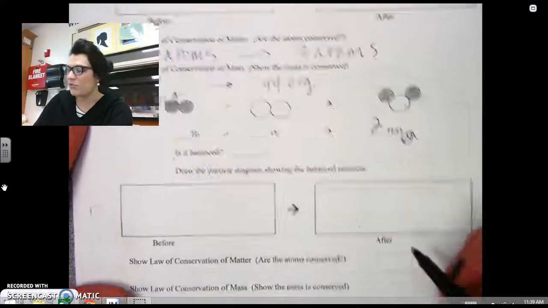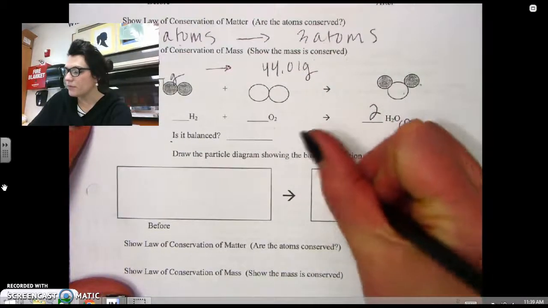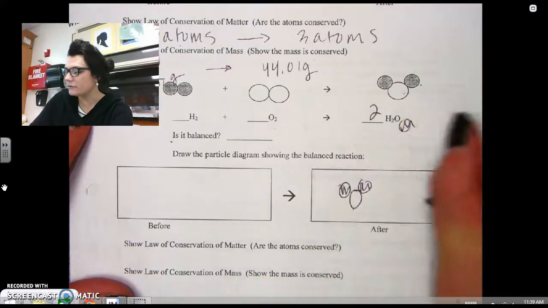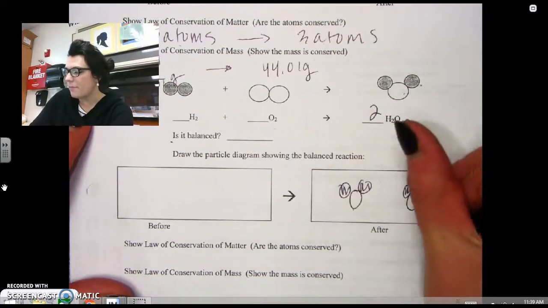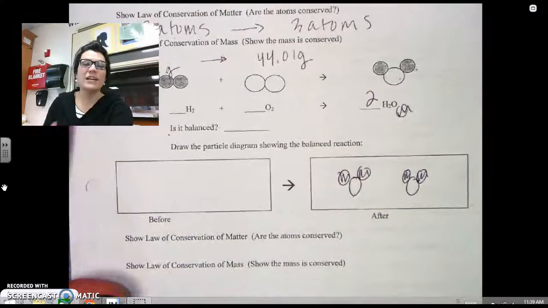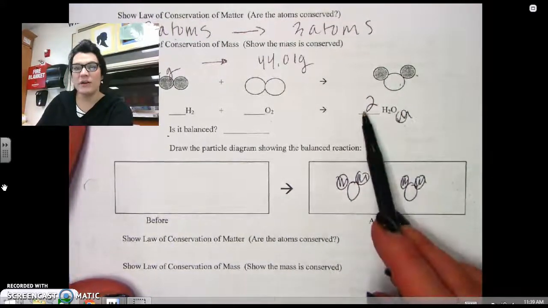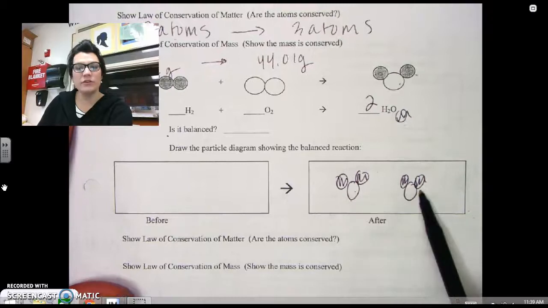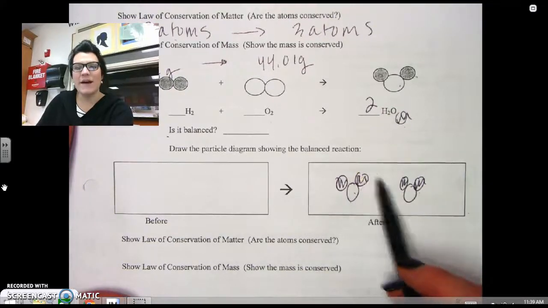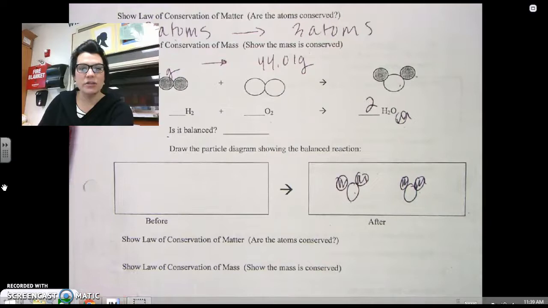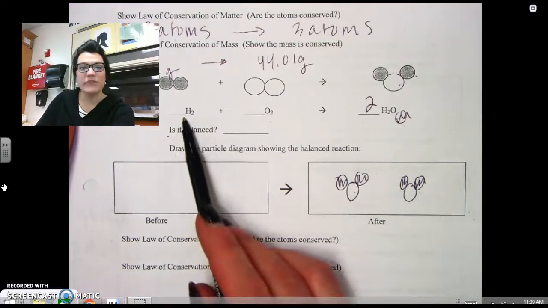However, if I was to draw an image, this is basically what I have, right? But what did I just do to hydrogen, right? Since I put a 2 out front, I now have 2 water molecules, which means I now have 4 atoms of hydrogen, which means I'm going to have to double this guy.